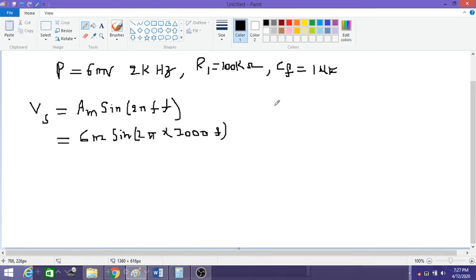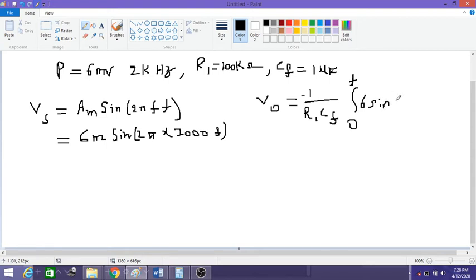Now if we integrate this with respect to the integrator equation, then we have minus 1 by R1 CF, integrating from 0 to t, 6 milli into sine. Milli you can keep aside, so later whatever the voltage we get will be in millivolts itself. So just write 6 here.